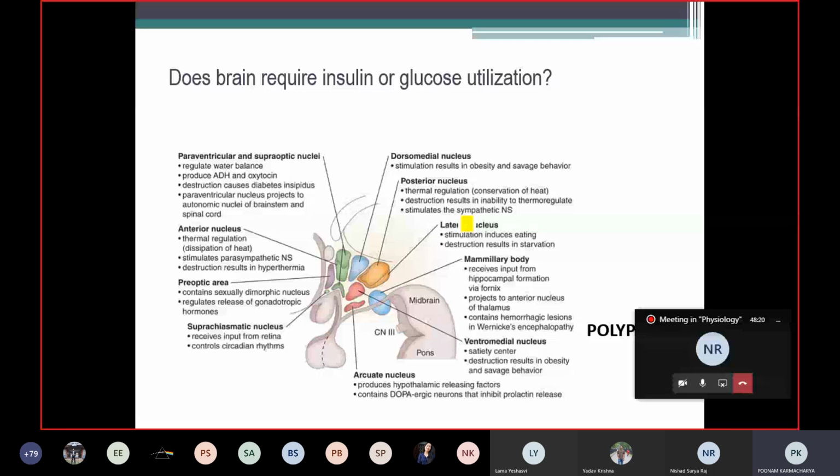As a result, it will not inhibit the lateral nucleus, the feeding center, and it will result in continuous hunger, which is called polyphagia. So in a person with insulin deficiency, you saw that they will have polyuria, dehydration, polydipsia, and polyphagia.